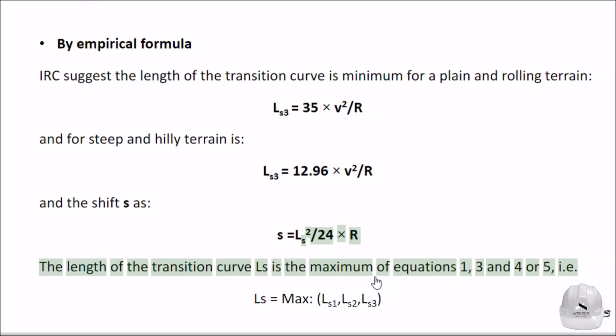The length of the transition curve L_S is the maximum of equations 1, 3 and 4 or 5, i.e. L_S equals max of L_S1, L_S2, L_S3.